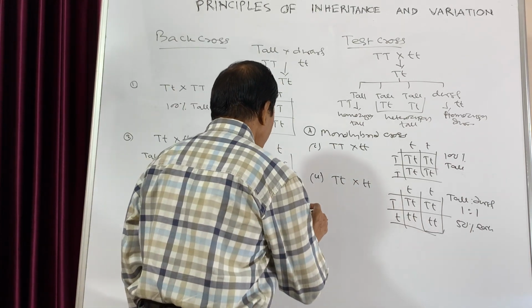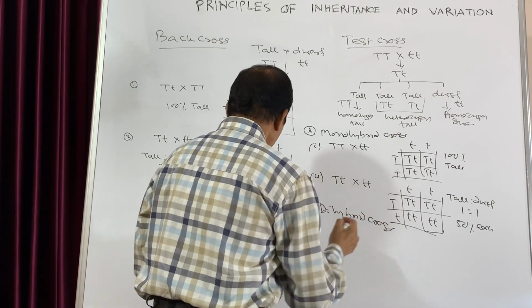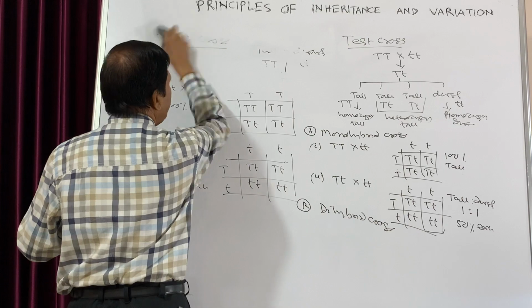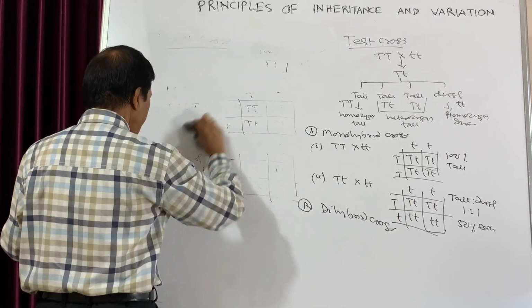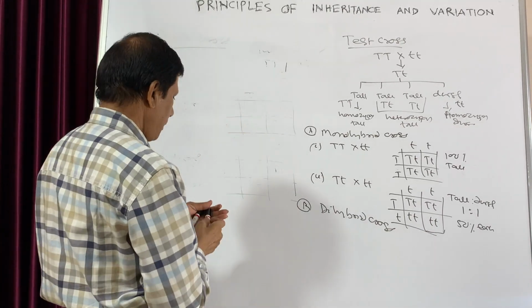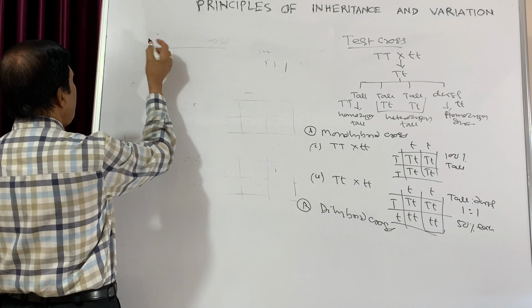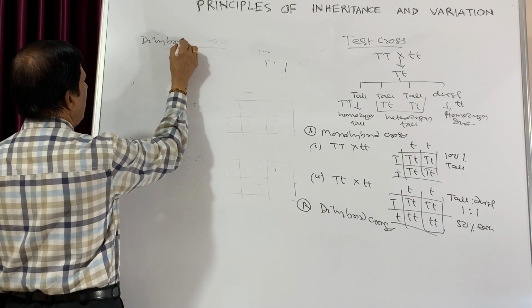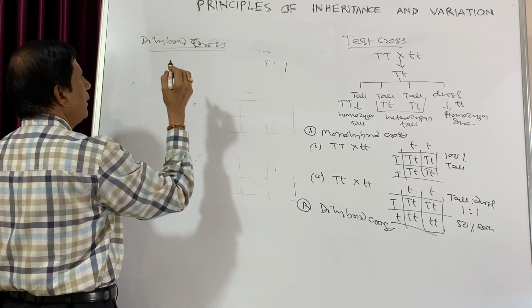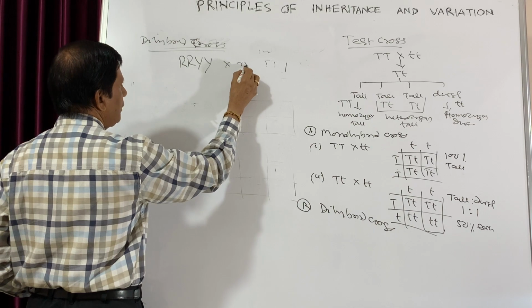Suppose we make a dihybrid cross. So suppose in one of the dihybrid crosses, capital R, capital R, capital Y, capital Y is crossed with small r, small r, small y, small y.